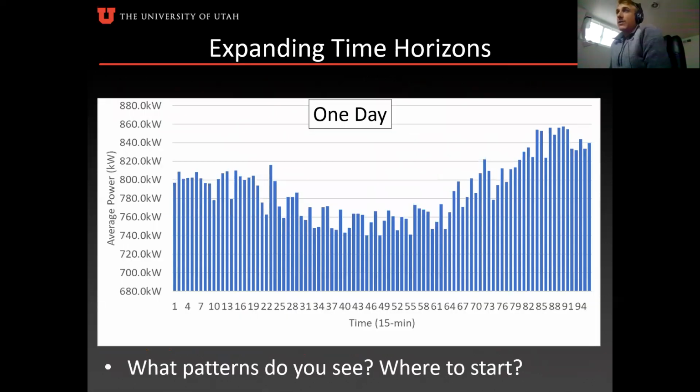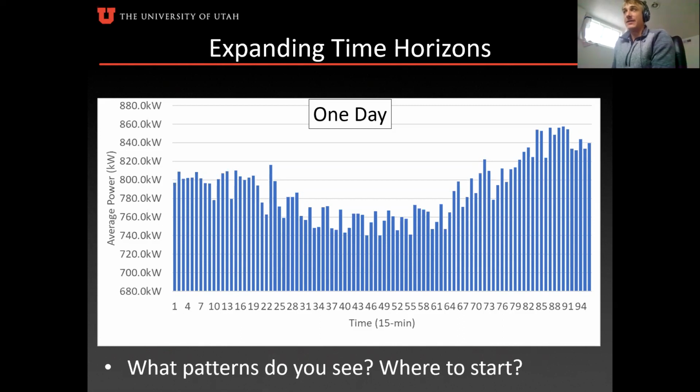All right, so now I just want to expand out looking at this data on larger time horizons. Moving from 2.5 hours to a whole day's worth of data, you can see that this is just one day. This is actually a weekend. But the power draw of this facility for this one day is pretty stagnant.